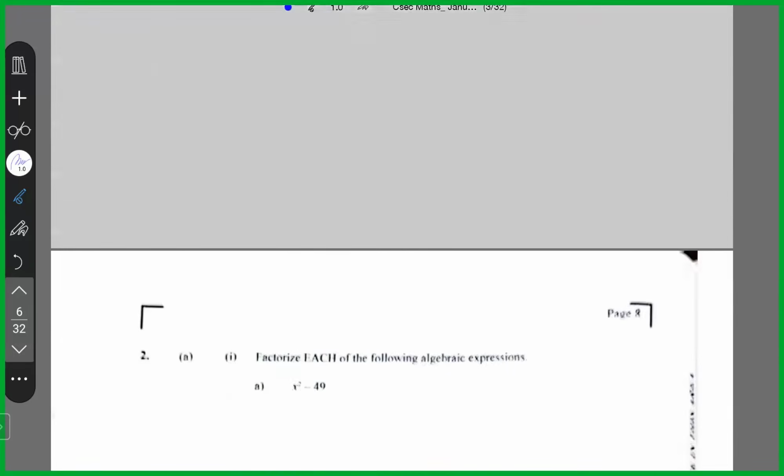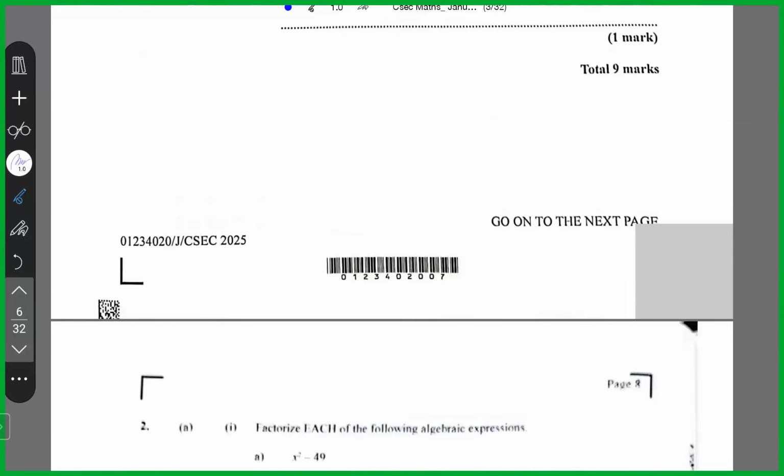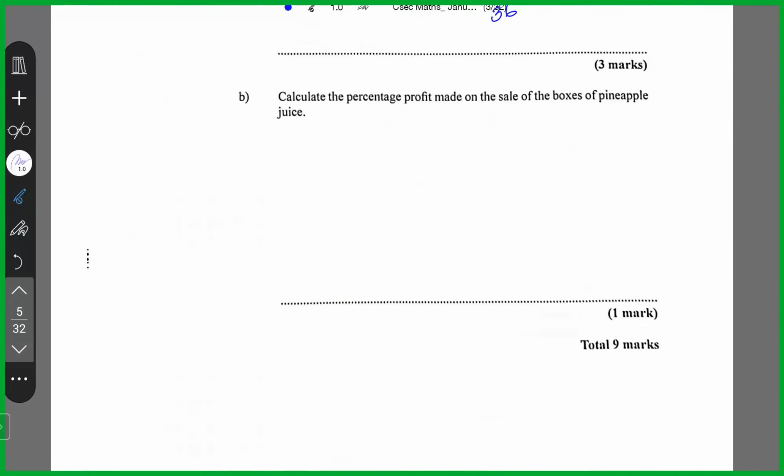The last thing we're asked to do in this question is to calculate the percentage profit made on the sale of the boxes of pineapple juice. Well, percentage profit is the profit over the cost price times 100%.